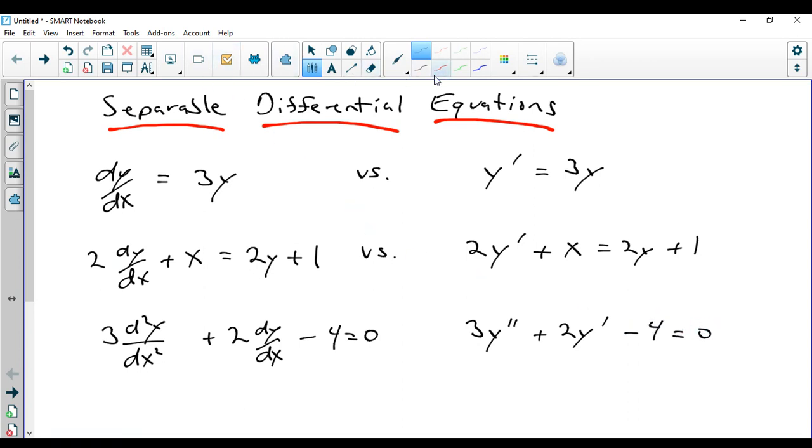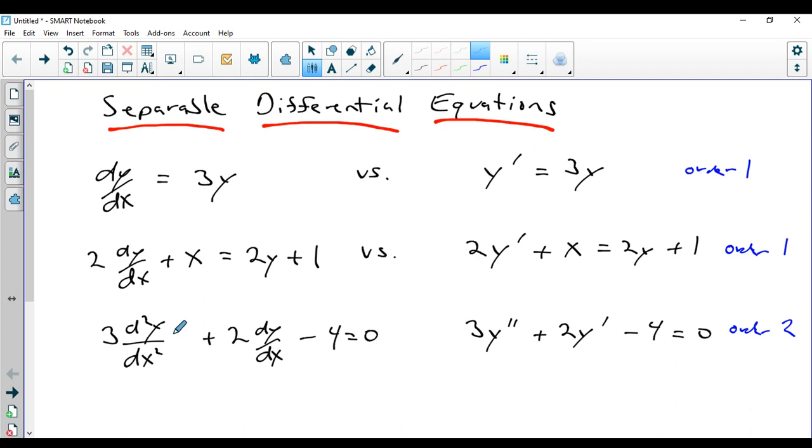One other note about differential equations: a lot of times we talk about the order of a differential equation. The differential equations on this first row would be of order 1. These here would also be of order 1. These here would be of order 2. Can you figure out how to find the order of a differential equation?